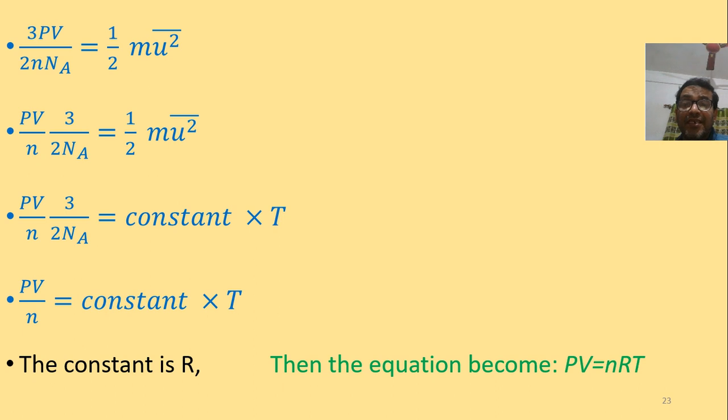You can see PV is equal to nRT. Here n is the number of moles, that means in the molar sense the number of particles present in the gas container or gas system. So we get the ideal gas equation, PV is equal to nRT.